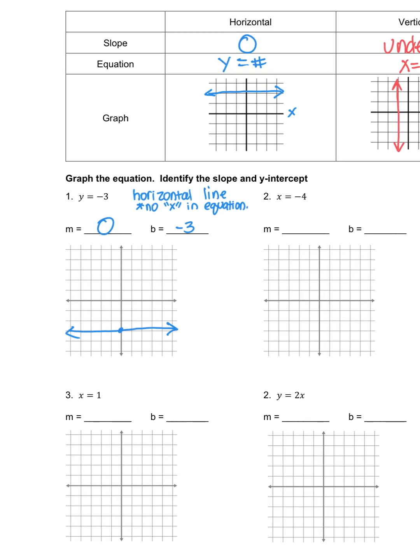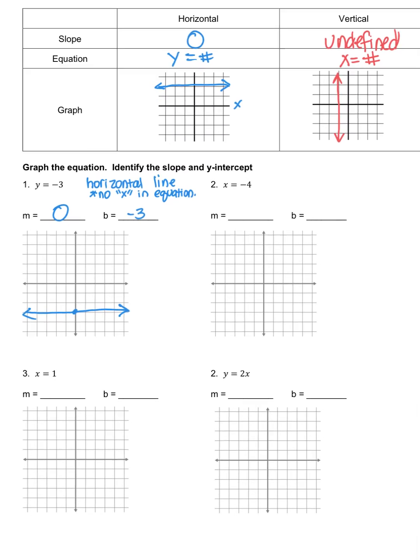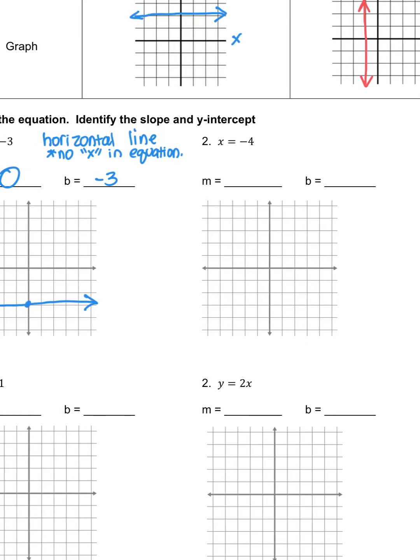Okay, let's go ahead and do number 2. So we have x equals -4. So go ahead and graph x equals -4. So 1, 2, 3, 4.